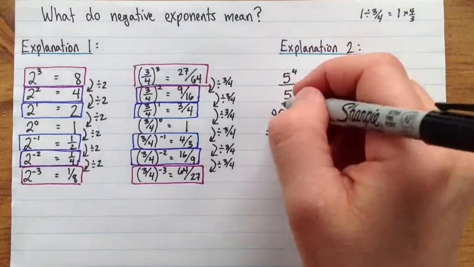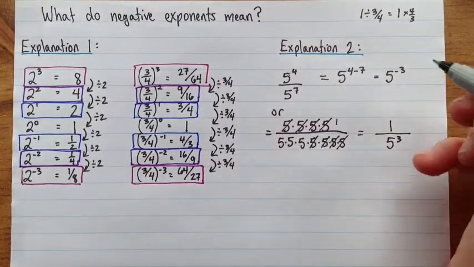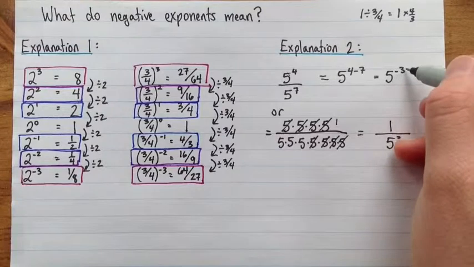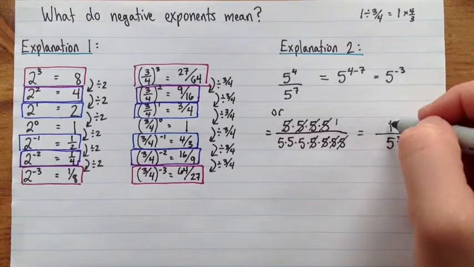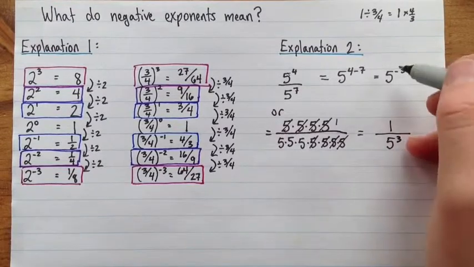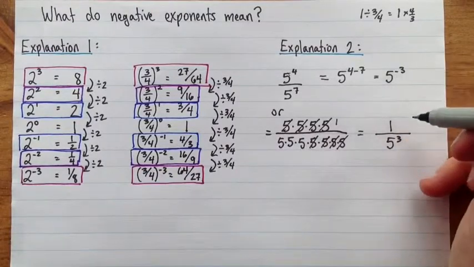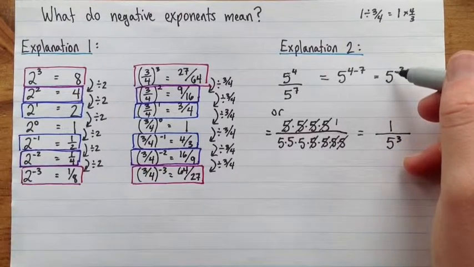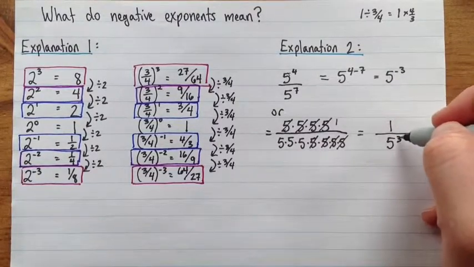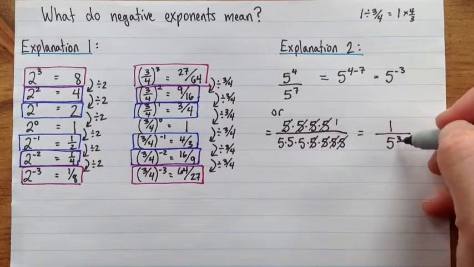So I've taken this initial expression, 5 to the exponent 4 divided by 5 to the exponent 7, and I've simplified it in two different ways. One of the ways gives me 5 to the exponent negative 3, and the other way gives me 1 over 5 cubed. So these have to be the same thing. So here's another example showing that if you have a negative exponent, that expression is equivalent to the reciprocal of the base with that exponent but positive. So same number, so negative 3, but it'll still be 3, but it'll be positive.